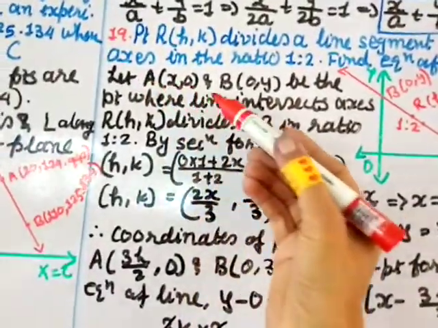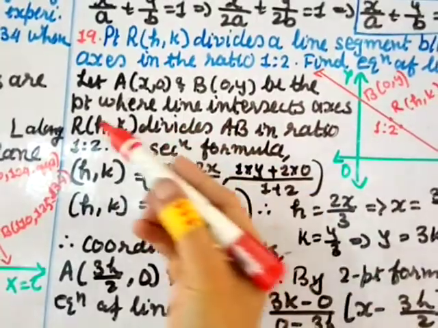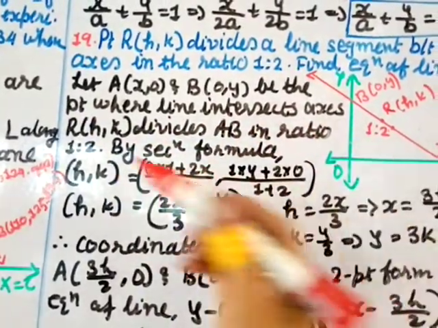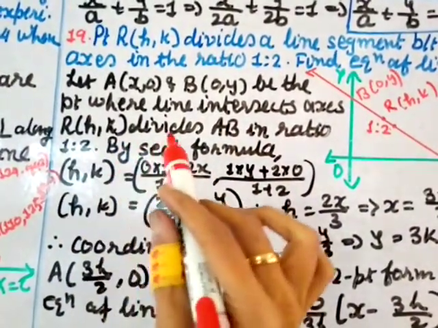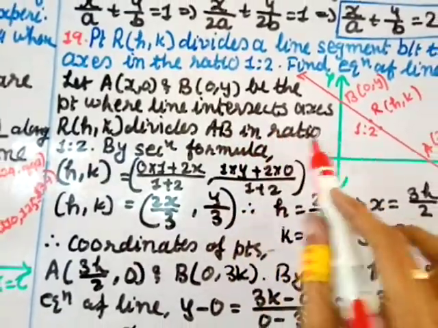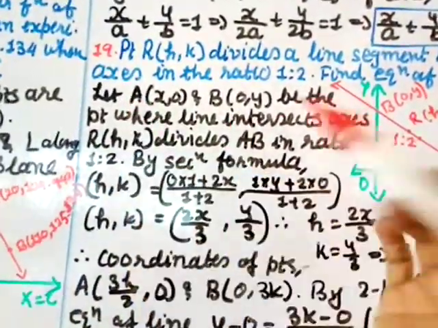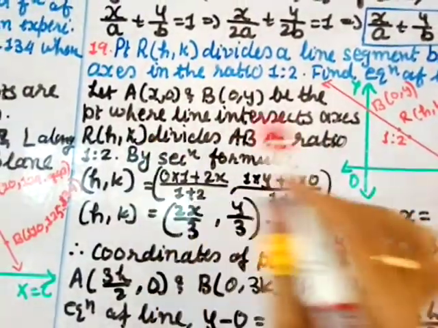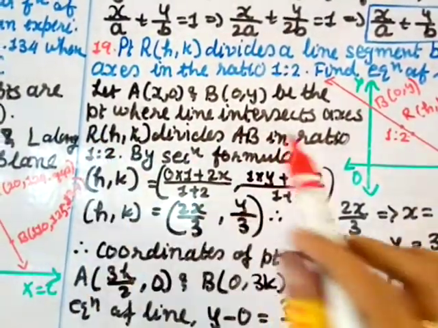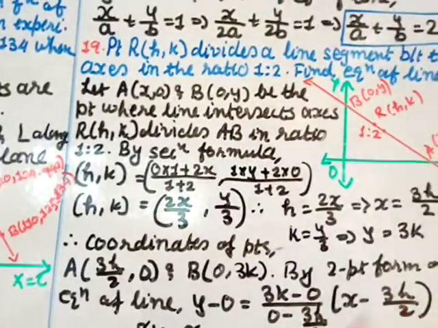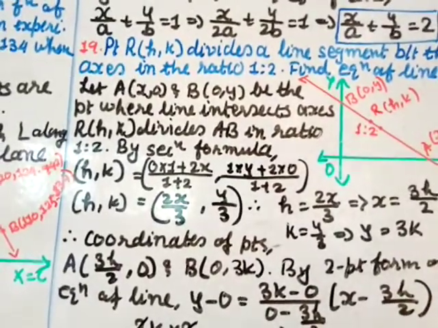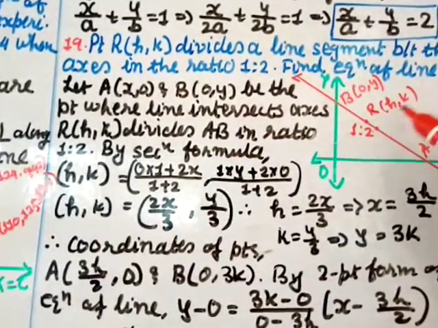Let A(x, 0) and B(0, y) be the points where the line intersects the axes, and R(h, k) divides AB in the ratio 1:2. So this is what is given to us, that this A and B I am assuming. And they are the intercepts on the axes, and the point divides AB in the ratio 1:2. So by the section formula, these are the coordinates of the point.